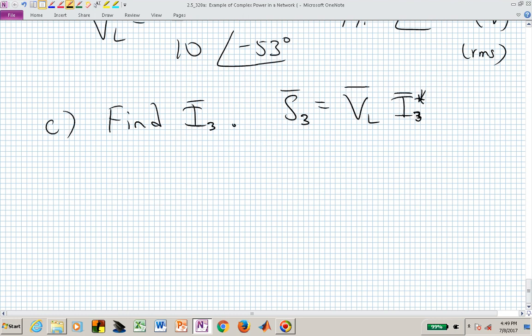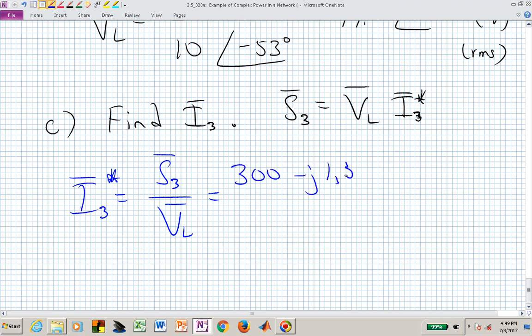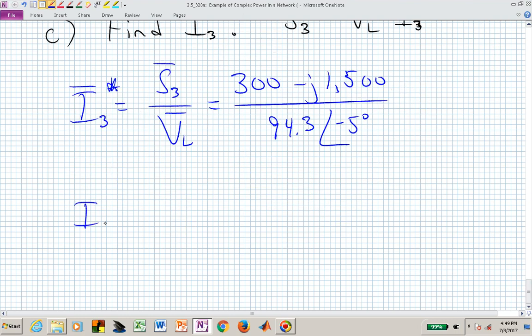And now we solve for the unknown in that formula. I sub 3 conjugate is now S sub 3 over V sub L. S sub 3 was 300 minus j1500 over 94.3 at an angle of minus 5 degrees.